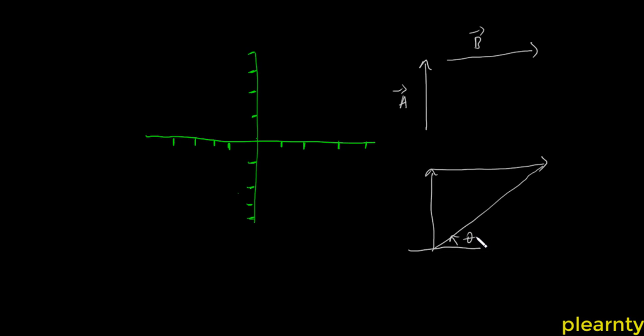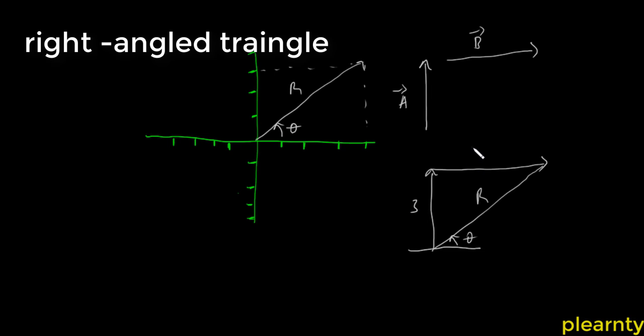So let's now bring this to the graph here. So this is it in this direction. To find this, let's call it R. If you look at it, this is forming a triangle and we know this is 3, this is 4. What do we do?